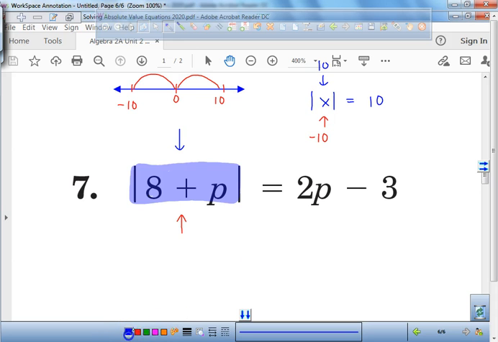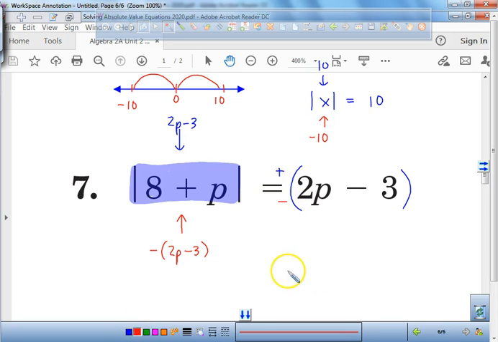So here's what I'd like you to do. In your journal, could you put a little parentheses around this guy and say, hey, all of this could equal 2p minus 3, or all of this could equal a negative parentheses 2p minus 3. So this could be a positive version of this, or it could be a negative version of this.